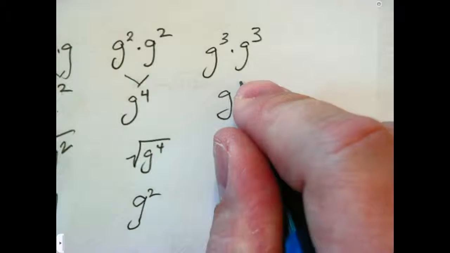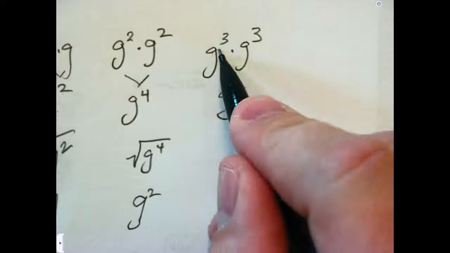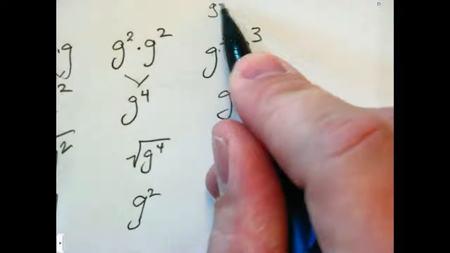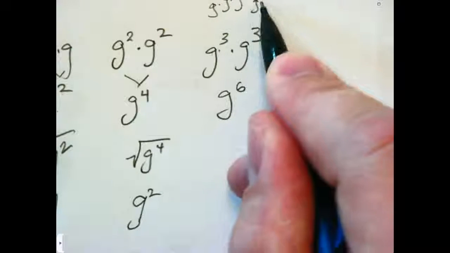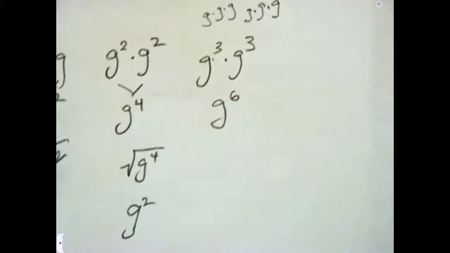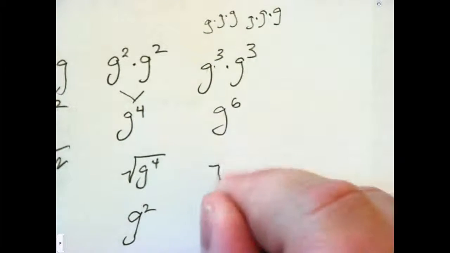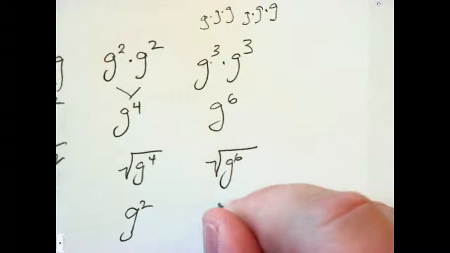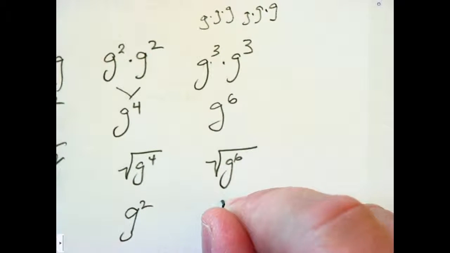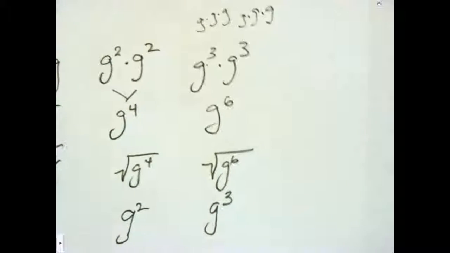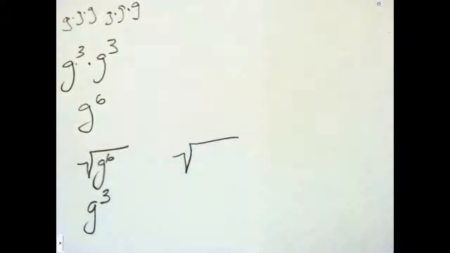G to the 6th. This is g times g times g, and this is g times g times g. That's g to the 6th. Okay, what's the square root of g to the 6th? G to the 3rd.